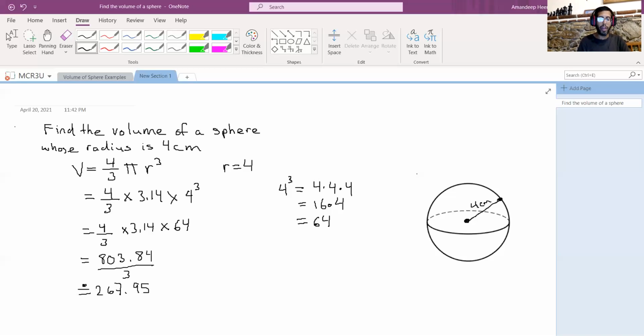So you have to put that unit. Since the radius is in centimeters, the volume is going to be centimeters cubed. It's very important that you put the cube there, and don't forget to put the centimeters, because your teacher can take marks off if you don't put the right units. So make sure that you put the right units.